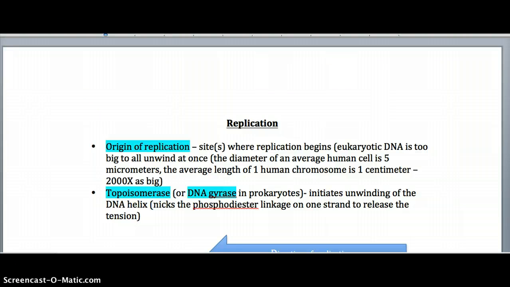We're going to have a look at a diagram in just a minute, but off screen, I guess, of the diagram that we're about to look at, we would have an origin of replication.